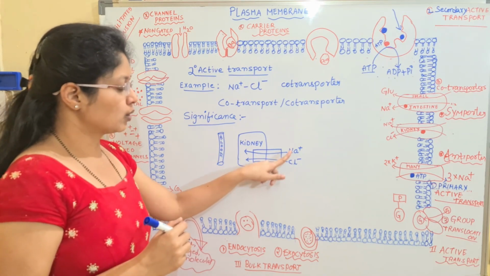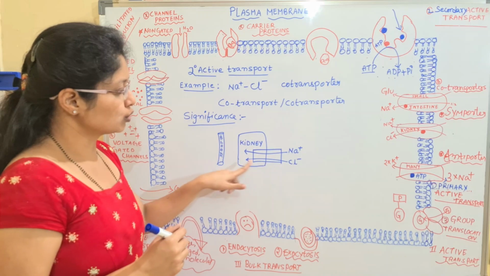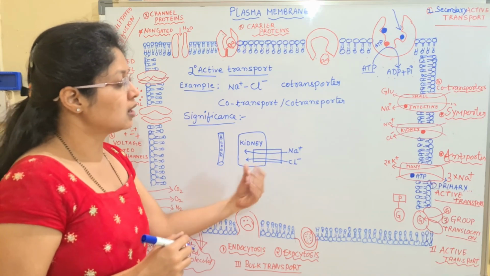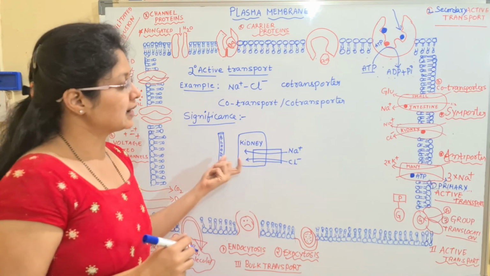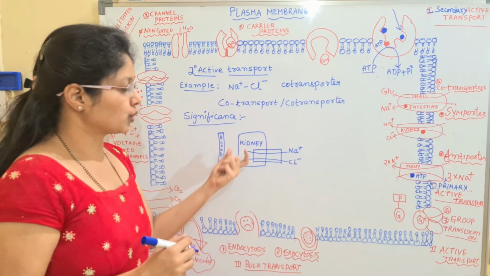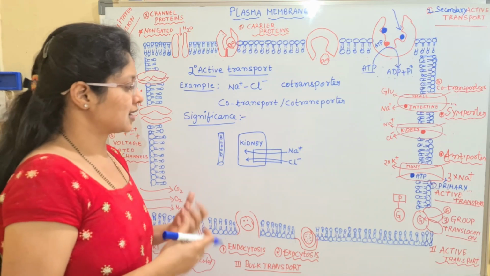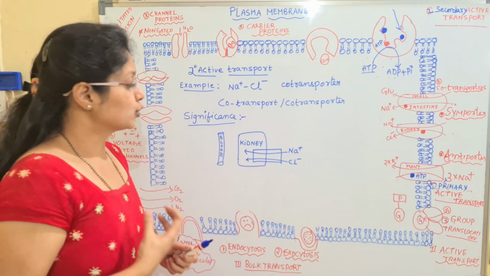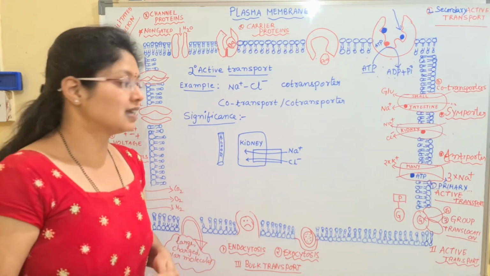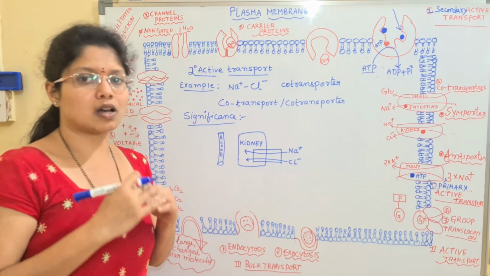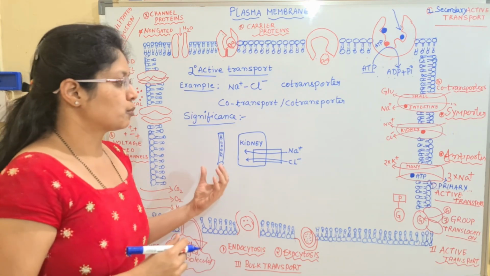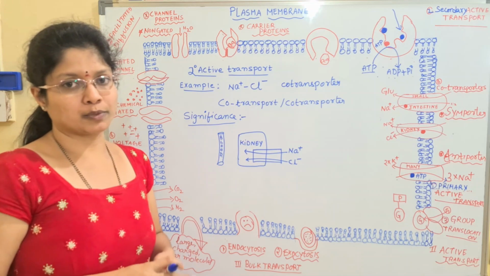The sodium chloride ions also show movement from the extracellular region. The kidney reabsorbs them from the urine, and they are later transported to the blood capillaries to mix inside the blood. Why? Because in order to maintain the blood pressure, mainly these transporters are operated for the reabsorption of the ions from the urine.